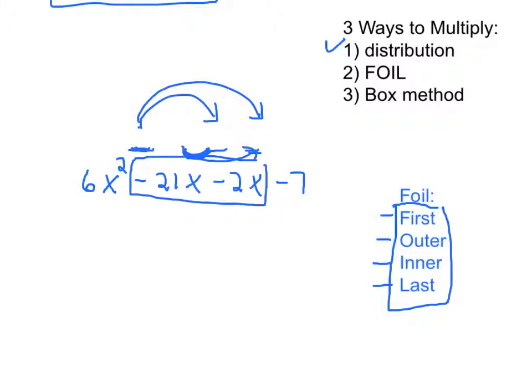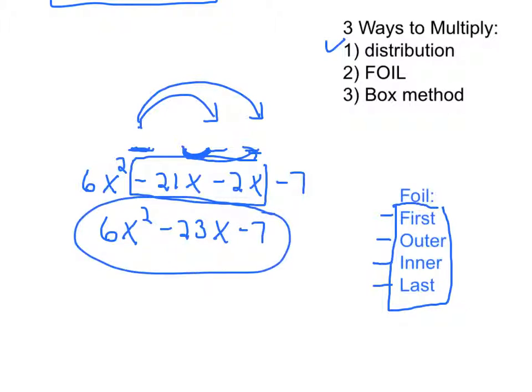So you have 6x squared. Then you have these 2 added together, which makes negative 23x minus 7. So your answer again is another polynomial, a trinomial. So remember that FOIL stands for first, outer, inner, and last. And that's the FOIL method.